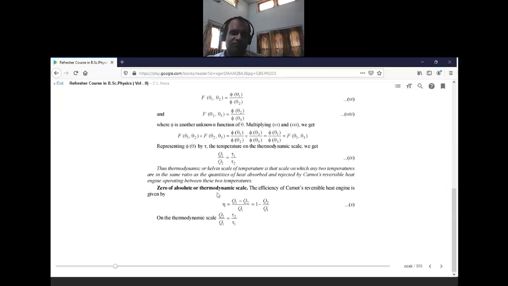So, the zero of the absolute or thermodynamic scale. The efficiency of a Carnot reversible heat engine, we all know this by now very well. On the thermodynamic scale, this is what we have just learned: Q1 by Q2 is tau 1 by tau 2, or in other words, Q2 by Q1 is equal to tau 2 divided by tau 1.